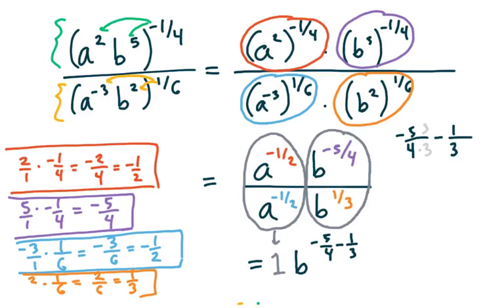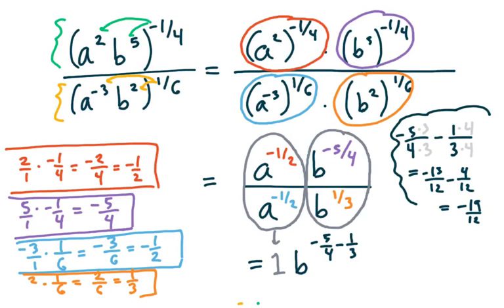And then I would need to multiply the 3 by 4, and in the numerator as well. All right, so cleaning that up, we get negative 15/12 minus 4/12, which combines to negative 19/12. So that was my side work to show that the new power on b is negative 19/12.